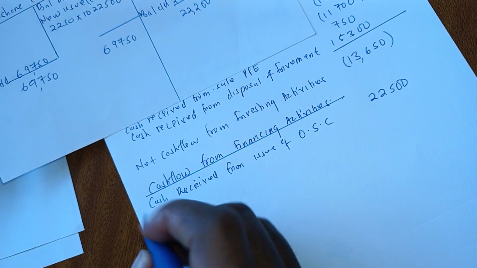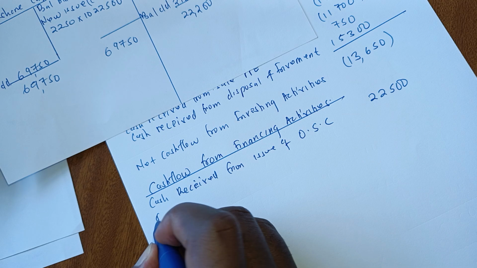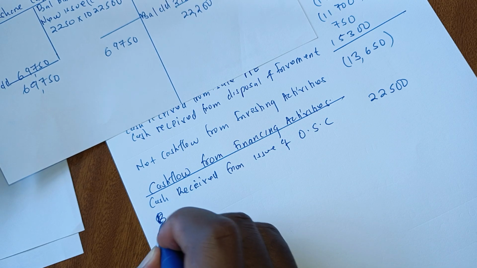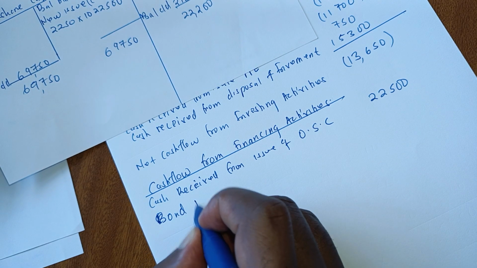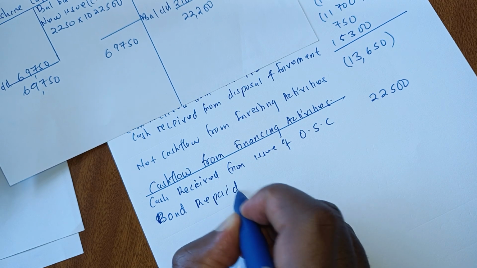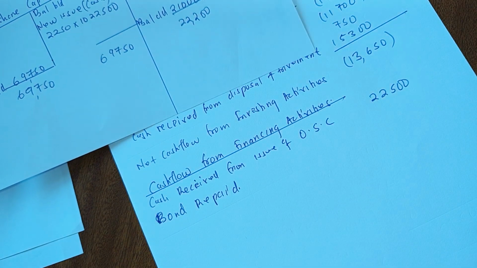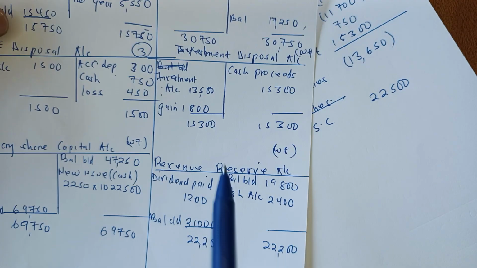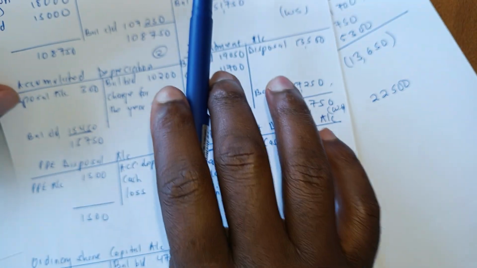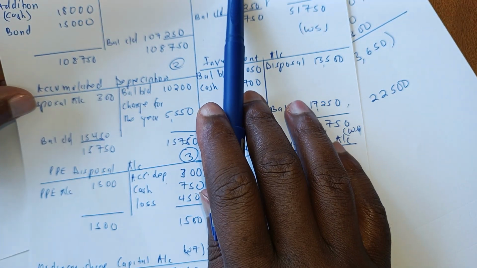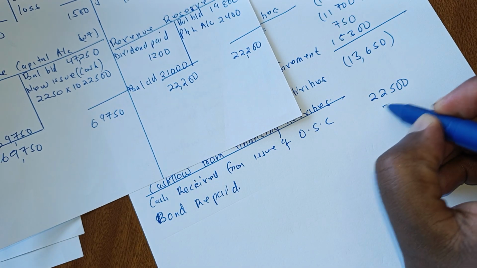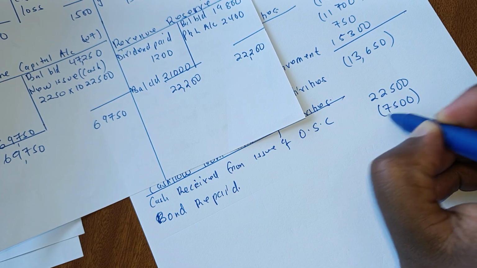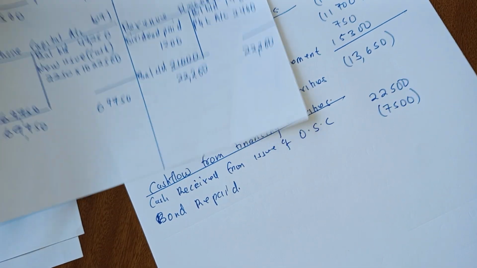And then there was also cash bond repaid. There was a bond that was repaid, which was 7,500. You can see our bond account here. It was indicating that they made a repayment of 7.5 million. So money went out, so you must show that cash went out.